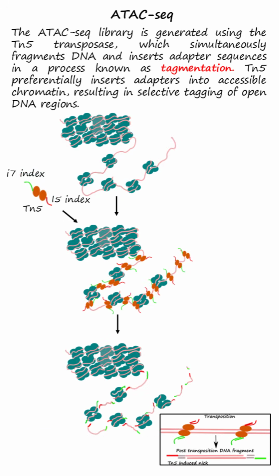The ATAC-seq library is generated using the Tn5 transposase, which simultaneously fragments DNA and inserts adapter sequences in a process known as tagmentation. Tn5 preferentially targets accessible chromatin, resulting in selective tagging of open DNA regions.